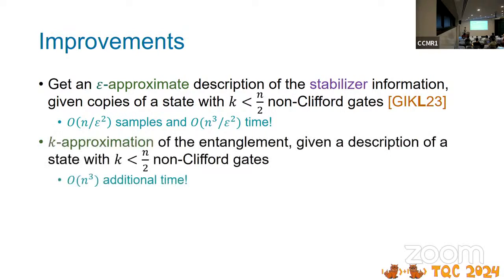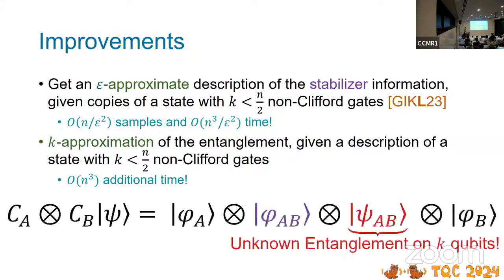Another thing that you can do is find an approximation of the entanglement given this stabilizer information. So basically, it's generalizing those previous results we saw to when you apply some amount of non-Cliffordness to it. And I'll go into detail on how we generalize that.